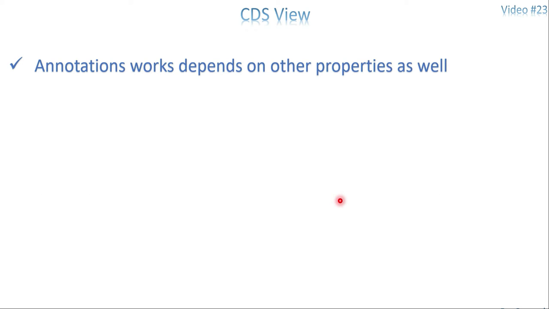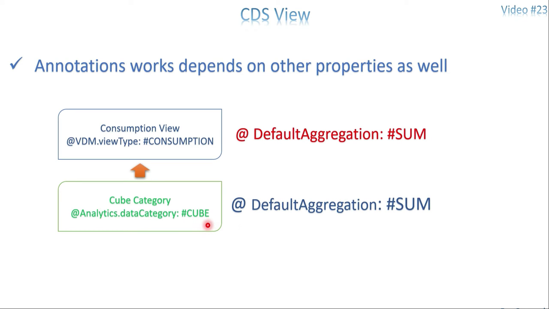And whether an annotation works depends on other properties as well, meaning sometimes we have to determine the place where the exact annotation works. A simple example: I have a cube and a consumption view, both different views. I'm going to use default aggregation sum in the consumption view, and I have analytical query true, but it's not reflected in my RSRT transaction.